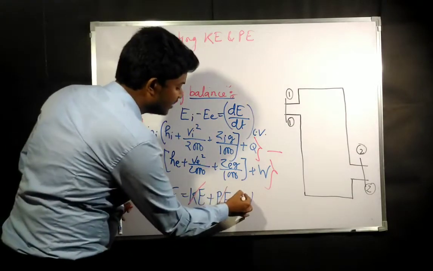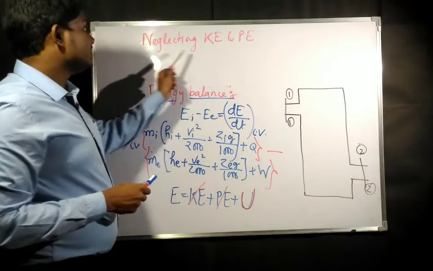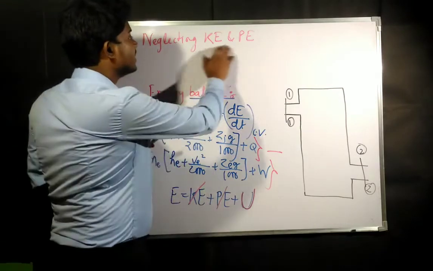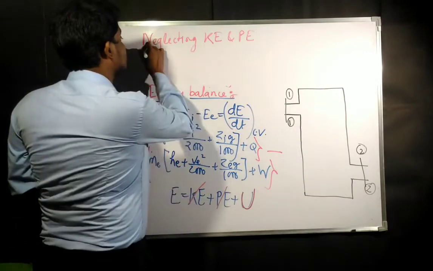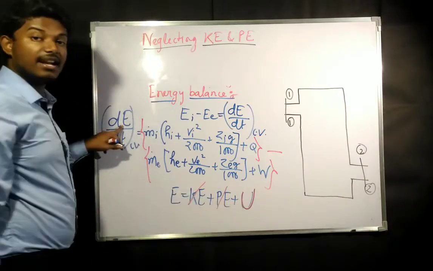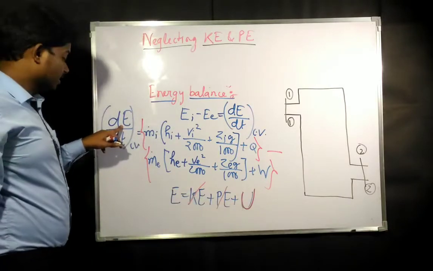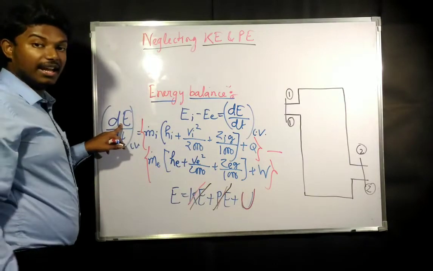You will only get the internal energy. Under this condition, this E is going to become only internal energy. This E is going to become only U, because kinetic and potential energy are going to get cancelled out since we are neglecting them.